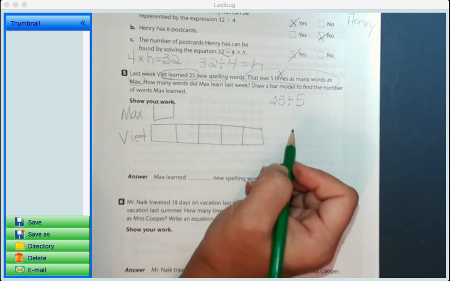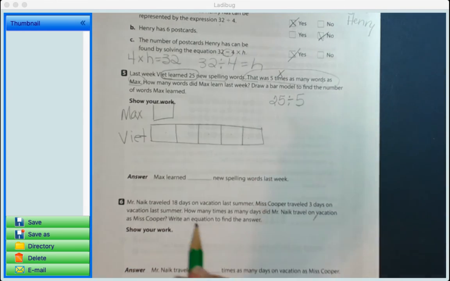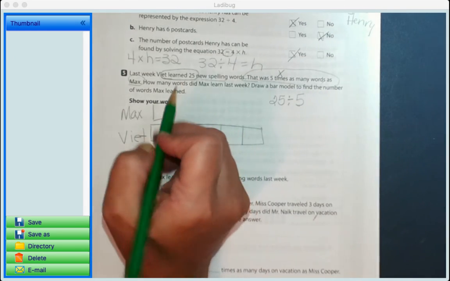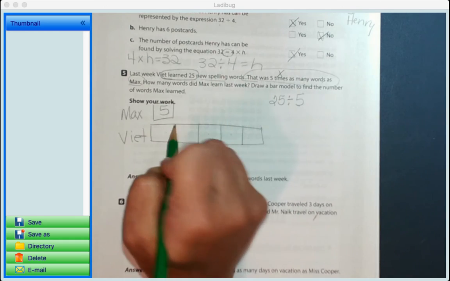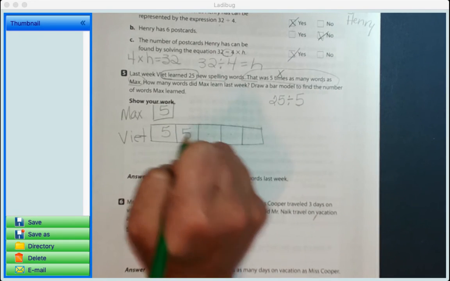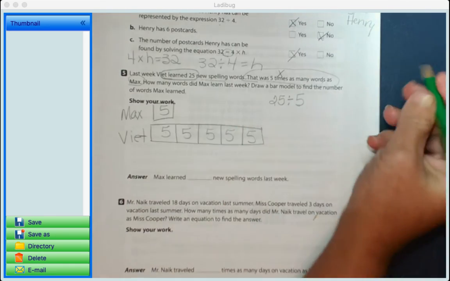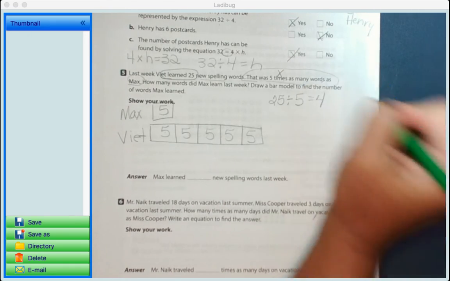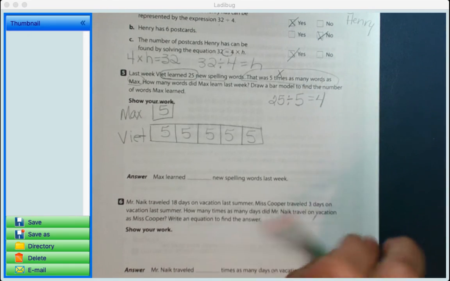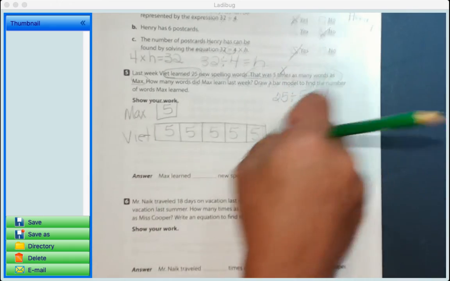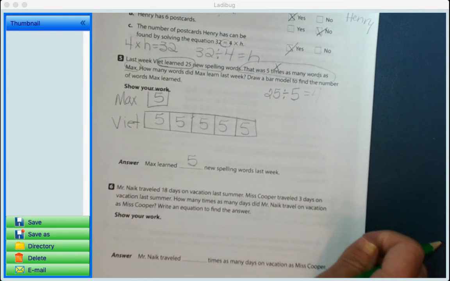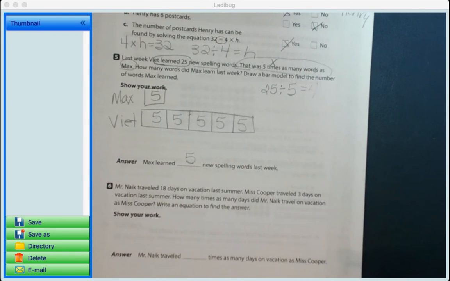So 25 divided by 5 equals 4. Oh, I'm sorry. 25 divided by 5 is 5. Don't listen to your teacher there. 5. I was looking at something else.